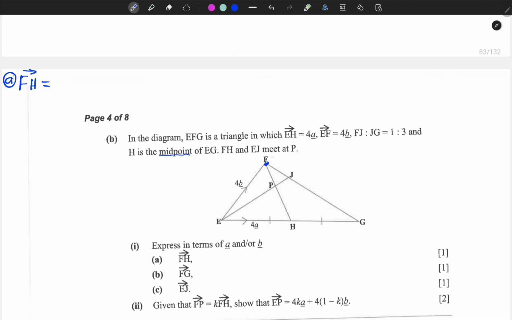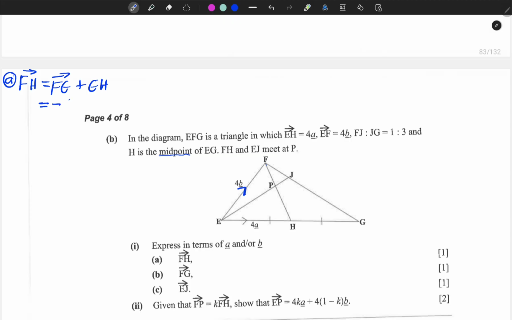For this question, F is our initial point because that's where the journey starts from, and H is our final point. To move from F to H, we can say FE plus EH. Then we can put the numbers. The arrow is pointing in this direction, but we are moving in this direction, so we add the negative to show the reverse.